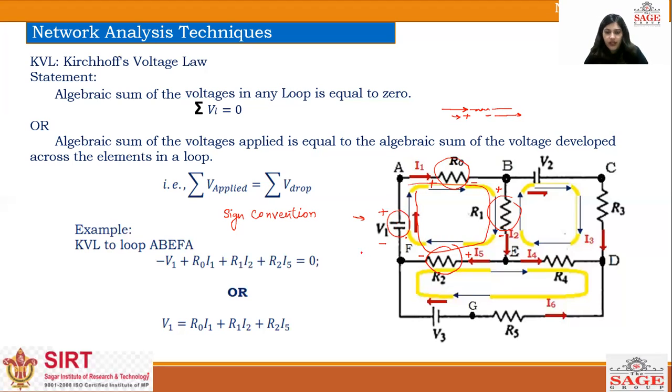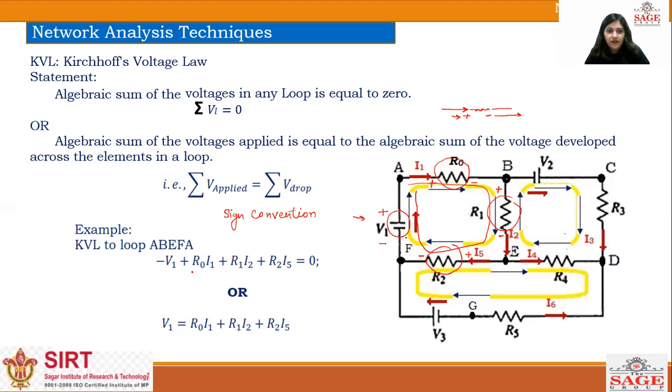Now we will write down equations. It will start like minus V1 again, then plus the voltage drop into current. So current I1 is flowing, and because current is flowing, of course, there will be some loss of voltage or potential across this particular resistor.